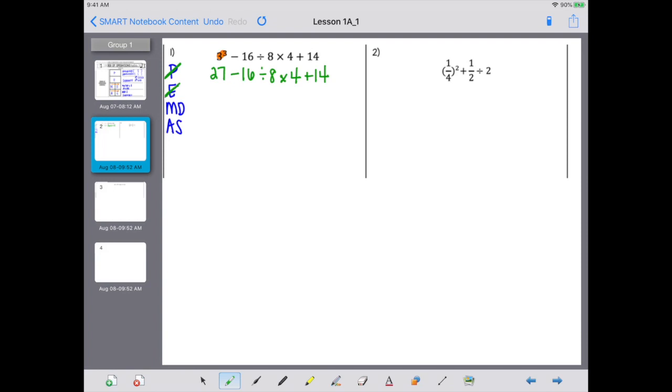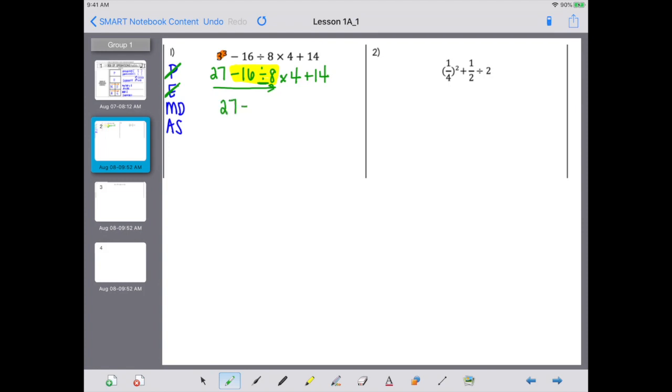We have multiplication and division, but going from left to right. And if we travel going from left to right, we see that the first thing we want to deal with is division. So that's what we're going to take care of. 16 divided by 8. So we have 27.